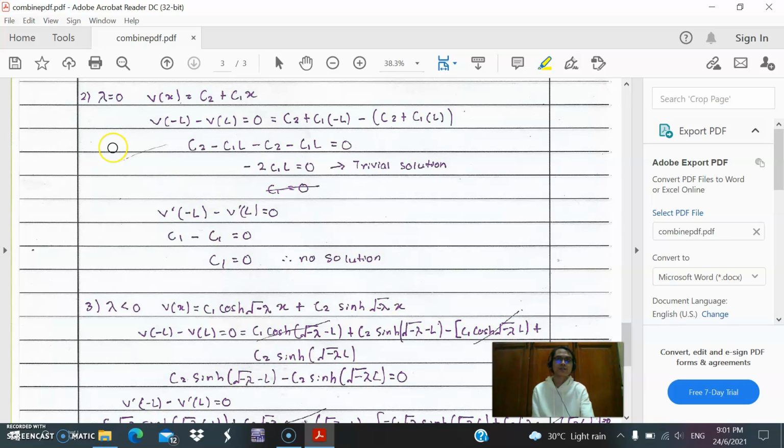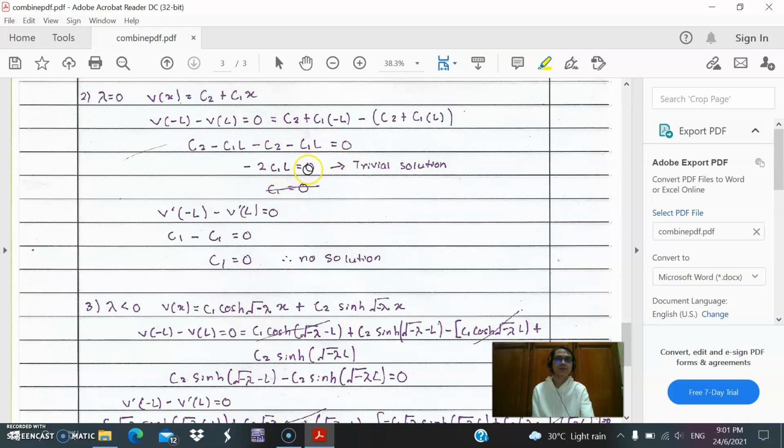And we check the second case, that is lambda equals to 0. So, the Vx equals to C2 plus C1x. So, we use the boundary that we choose. Kita pindah-pindahkan dia.